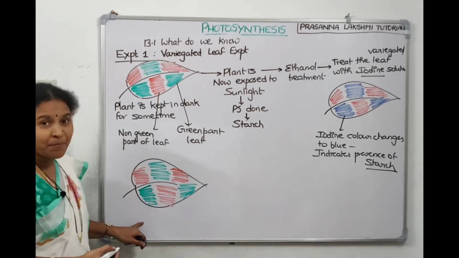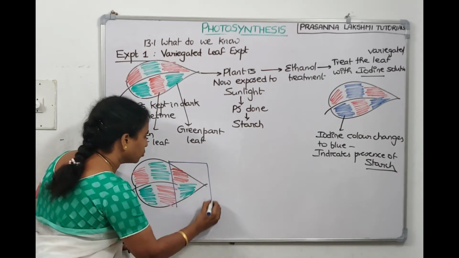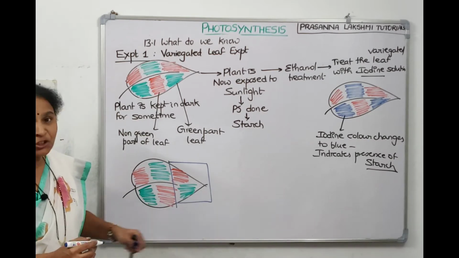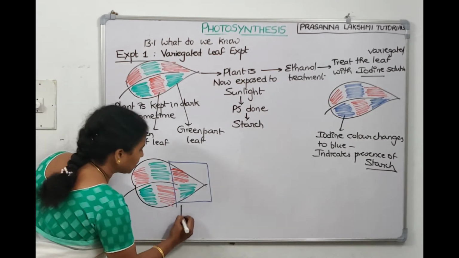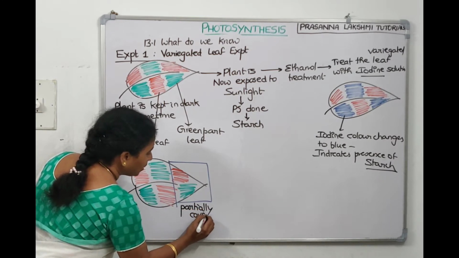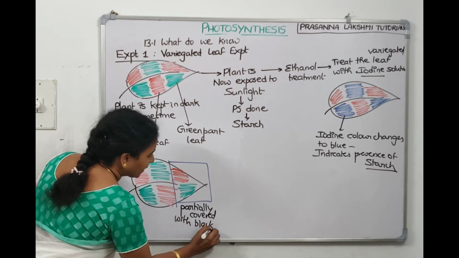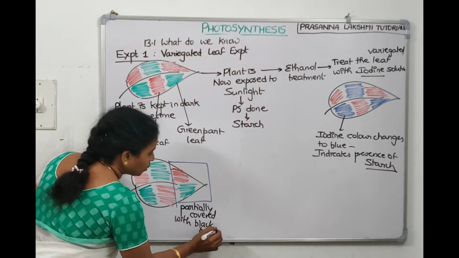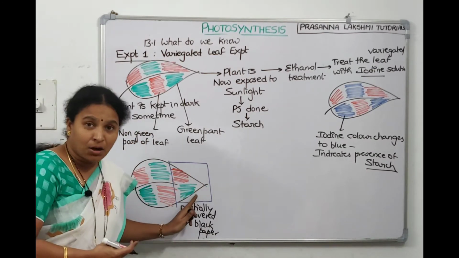This much portion of the leaf is partially covered with black paper. So when you cover this portion with black paper, light is not absorbed.